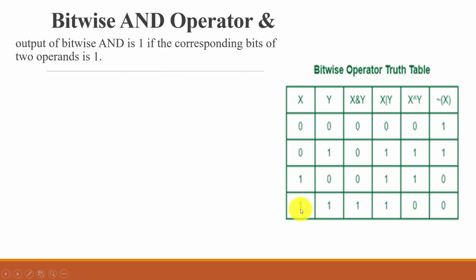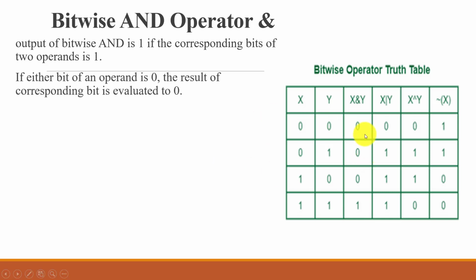That is, if the corresponding bits are 1 and 1, it gives the output 1. Otherwise, the result for that bit is 0 if either one of the bits is 0.